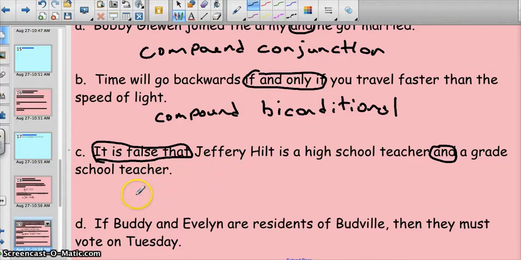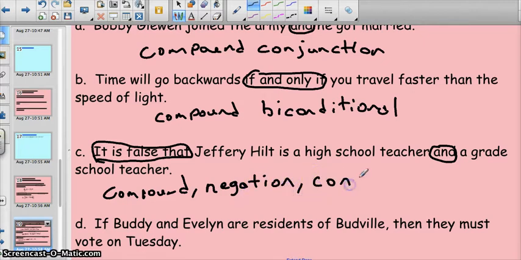It is a compound, it's a negation, and the and also makes it a conjunction. This points out it is possible to classify something with more than two different terms. We can use a lot of them if we need to.